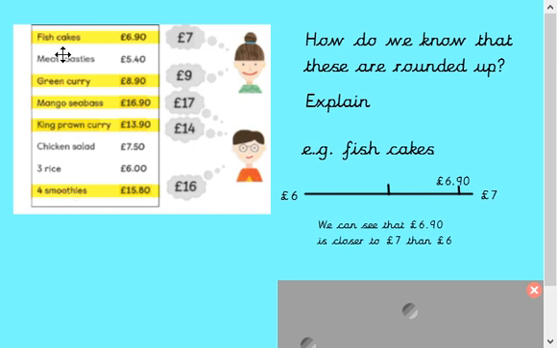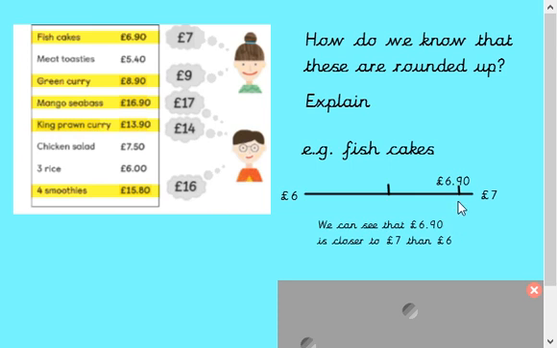So if I took the first price up here, we've got fish cakes, which are £6.90. How do we know that these are rounded up? Well, if I quickly drew a number line, and there's not a lot of detail on it, but it's something you could do if you're not 100% sure, just scribble out a quick number line. We know that £6.90 is somewhere between £6 and £7, up here on my number line.